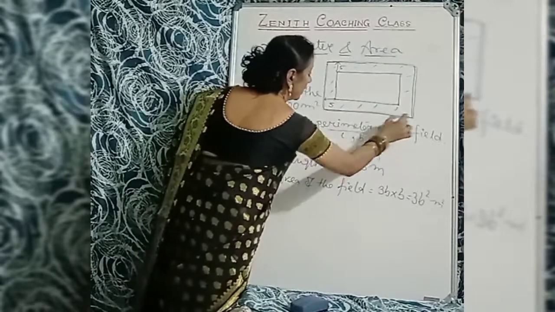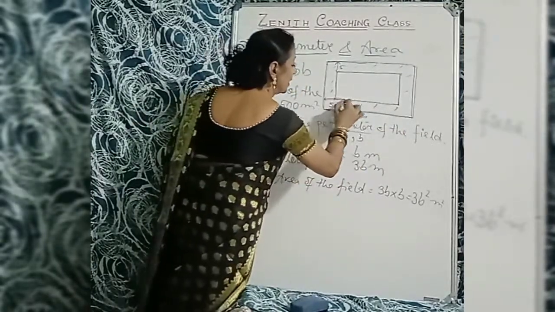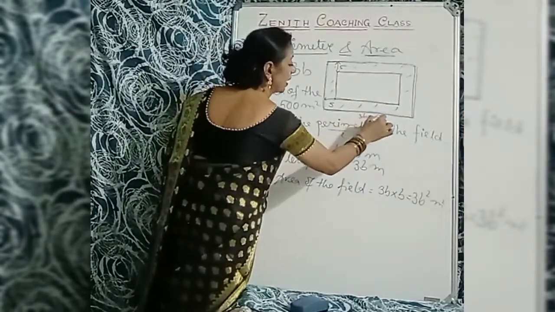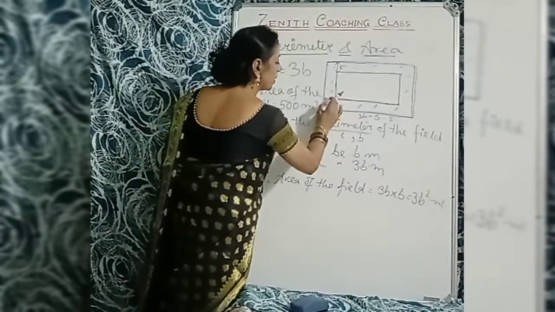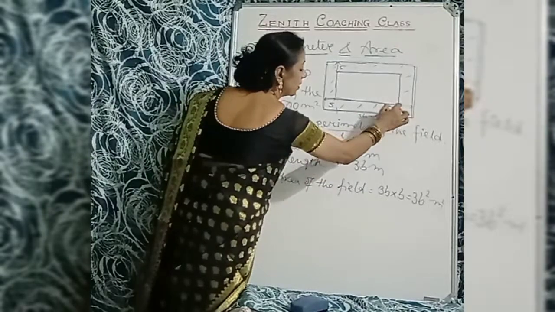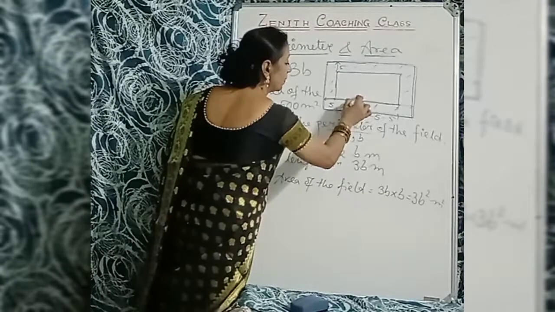Length is 3b. So what is the length of this one? 3b minus 5 minus 5. Why minus 5 minus 5? Because here is minus 5. Cut it here. So here is 5 meter.